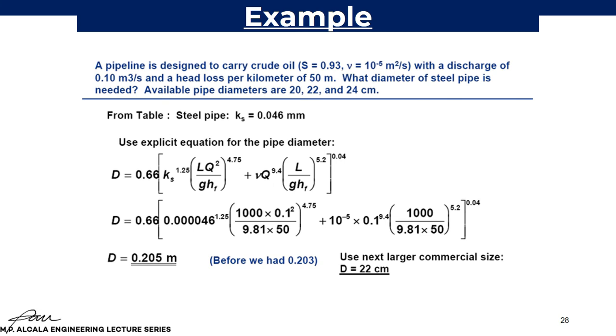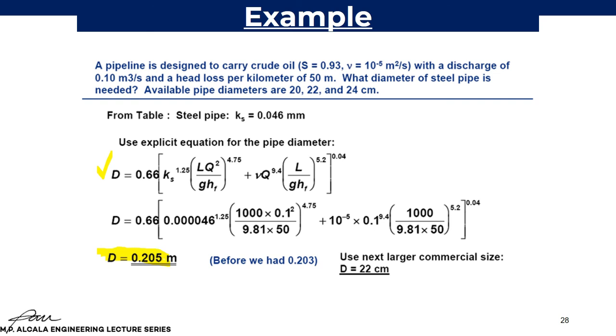We just simply input the variables, right? The length, the discharge, the head loss, and the acceleration due to gravity. So one equation, one unknown, one formula. D is equivalent to 0.205. So that will be it.